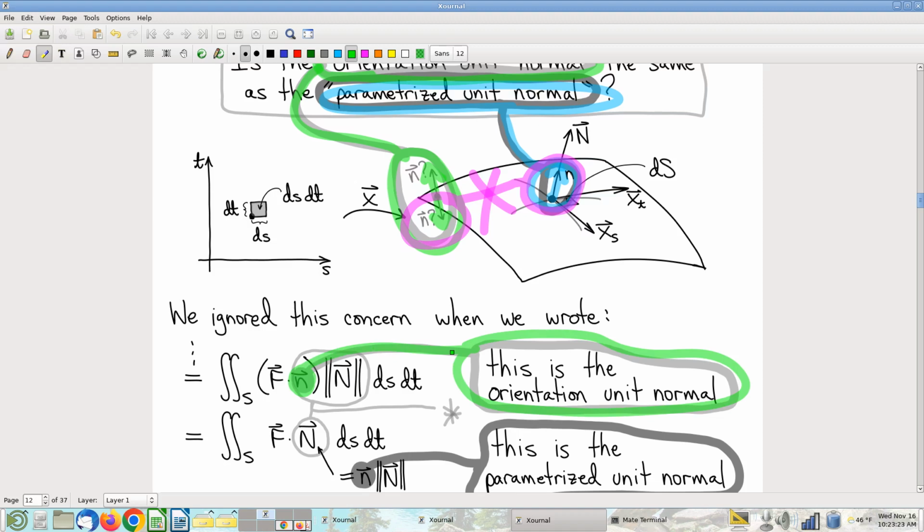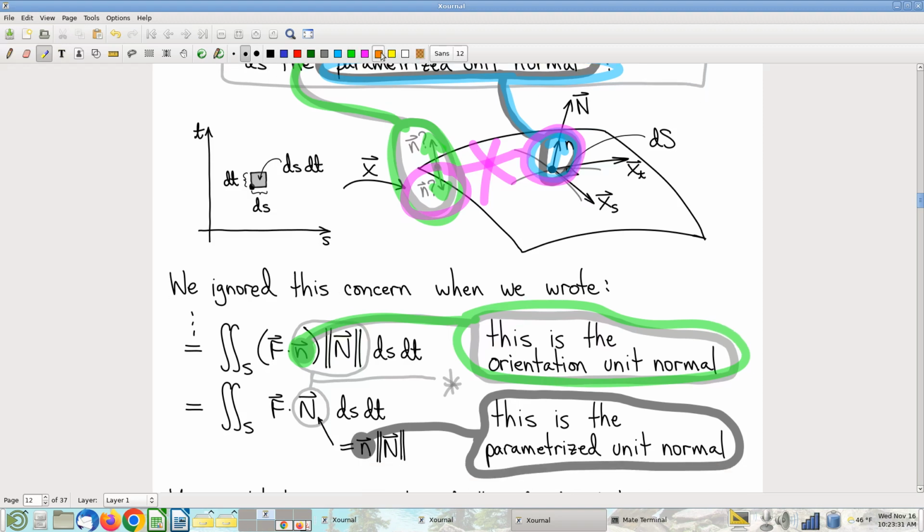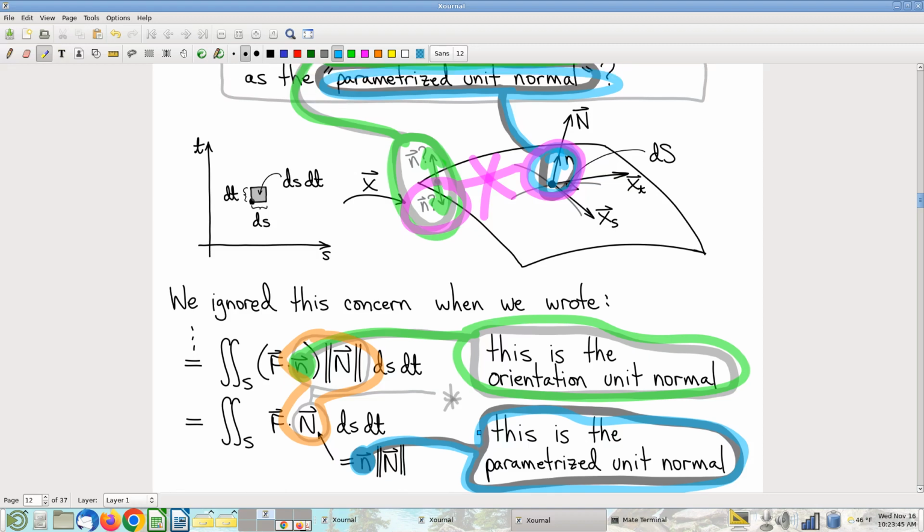That comes from the given orientation of the surface, so that's the given one. But what I'm claiming that this product equals, claiming that equals that, this comes from a direction that independently comes from the parameterization, and green is just not equal to blue in this case.